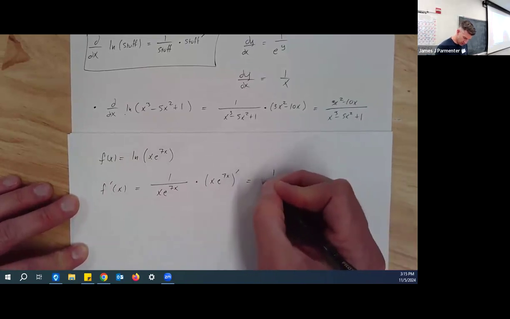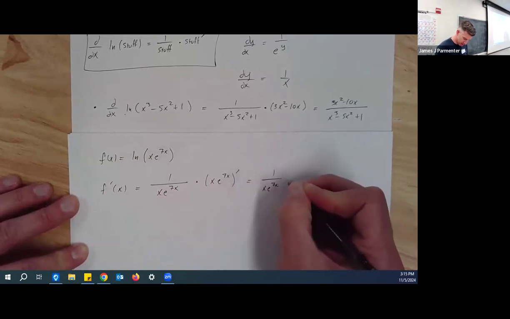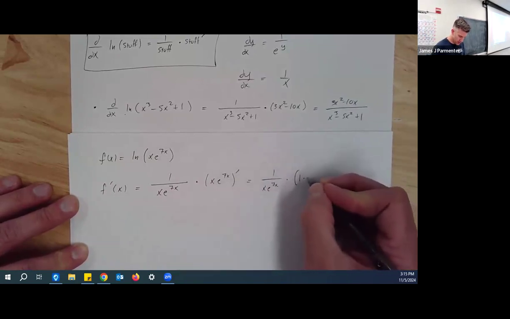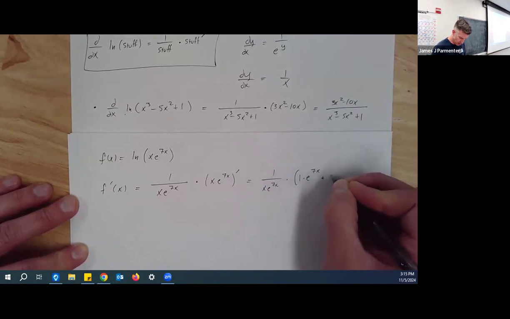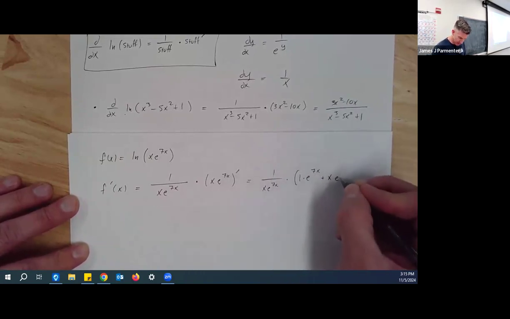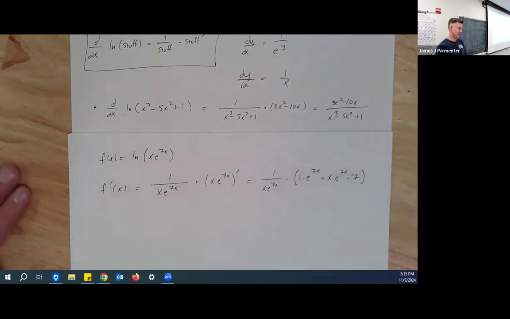That's going to be 1 over x e to the 7x times, let's see, the derivative of x e to the 7x is going to be 1 times e to the 7x plus x times the derivative of e to the stuff, which is e to that stuff multiplied by the derivative of that stuff, which in this case is e to the 7x times 7.